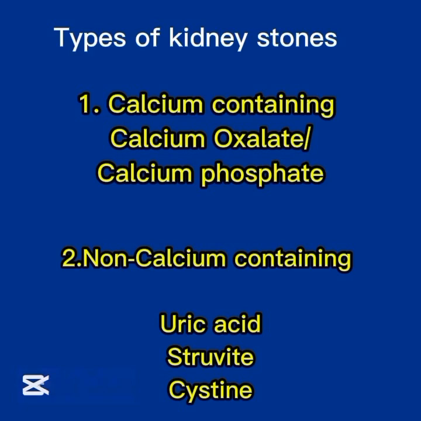Calcium oxalate is the most common type of kidney stones. It accounts for around 80% of kidney stones, whereas calcium phosphate stones are less common. What are oxalates? Oxalate is a chemical compound made daily by the liver or absorbed from diet.